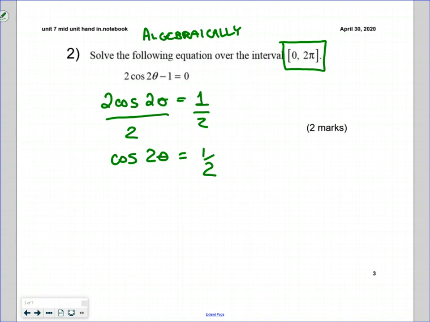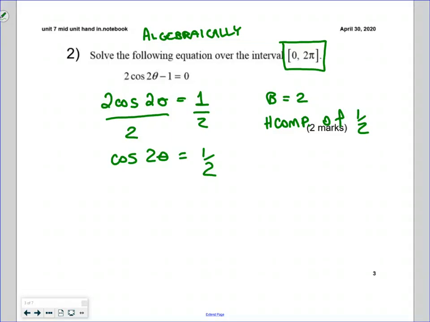Now, understand here that the b value of 2 means a horizontal compression of 1/2. So understand that we're going to be doubling an angle and finding the cosine of that angle. We're compressing by 1/2.